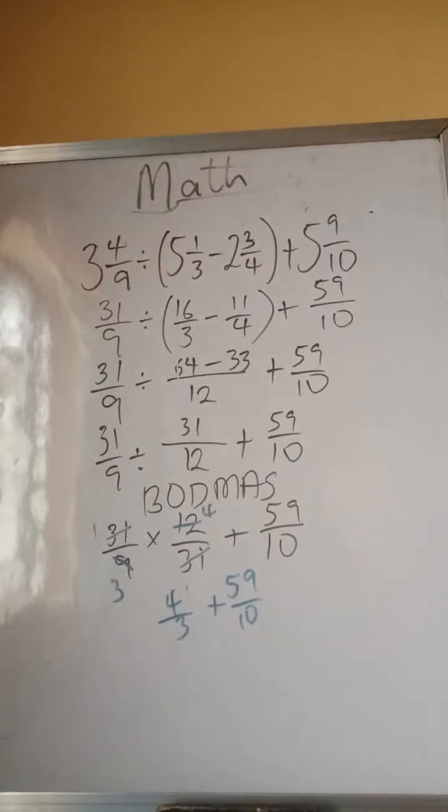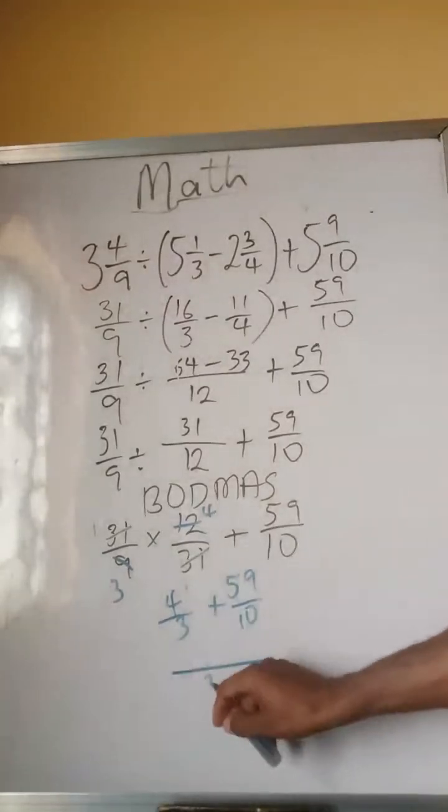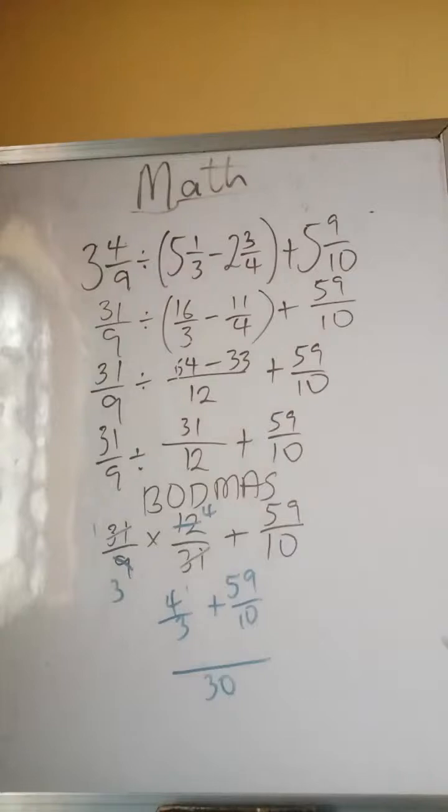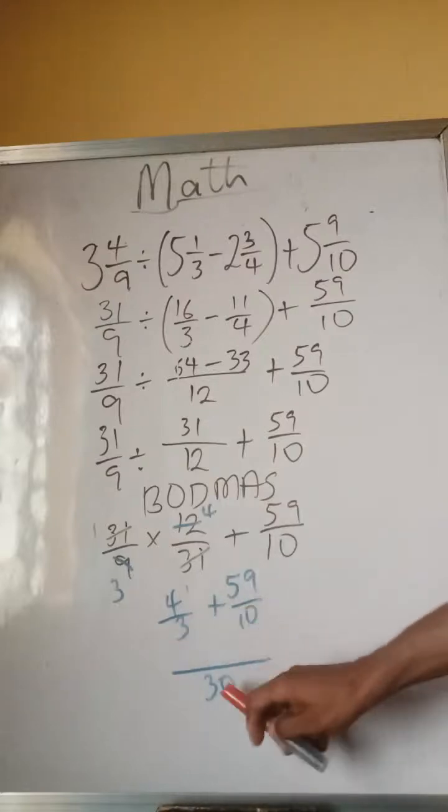In continuation, we have the LCM to be 30. So using your butterfly method, notice that 3 times 10 is 30.